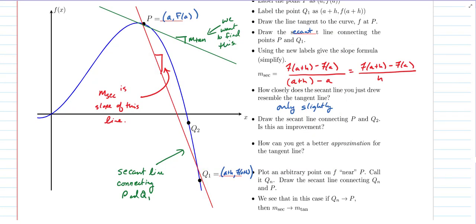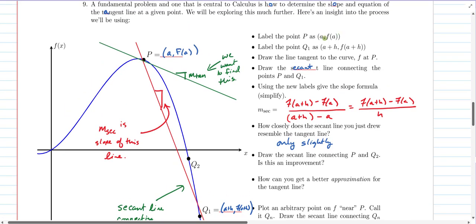So folks, I really hope you did take the time to try this problem out on your own. Otherwise, what I'm about to say will not be nearly as meaningful. So in following the directions here of what we were given, I went ahead and labeled the point P this way. There it is.